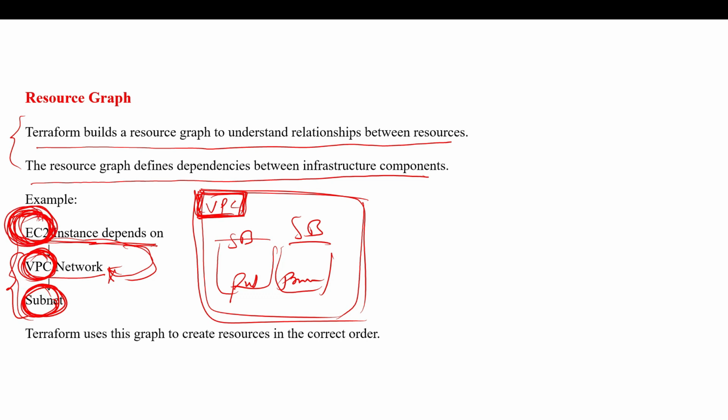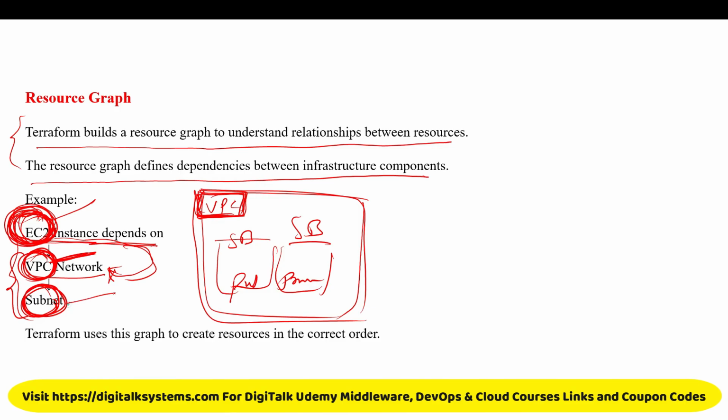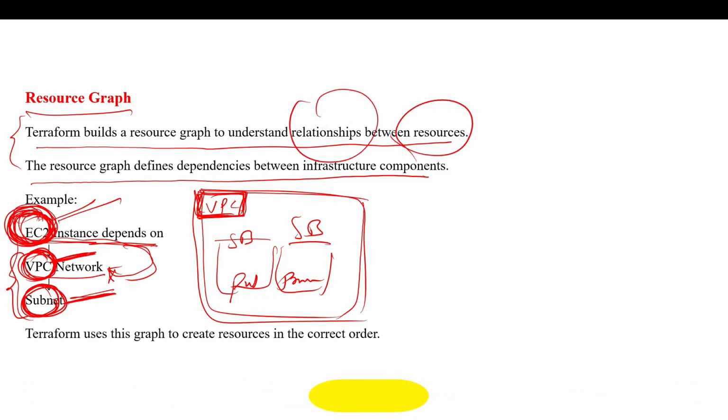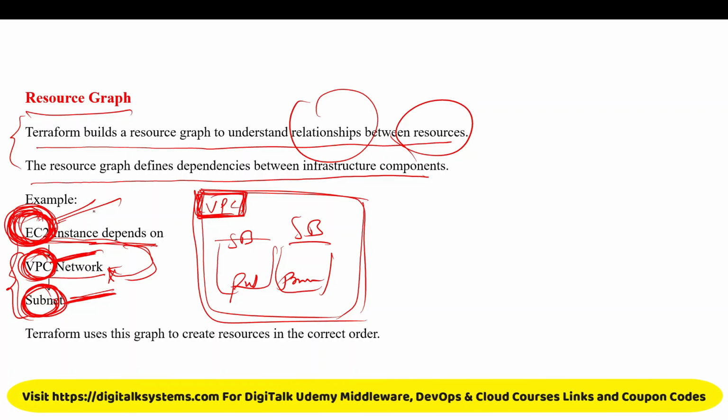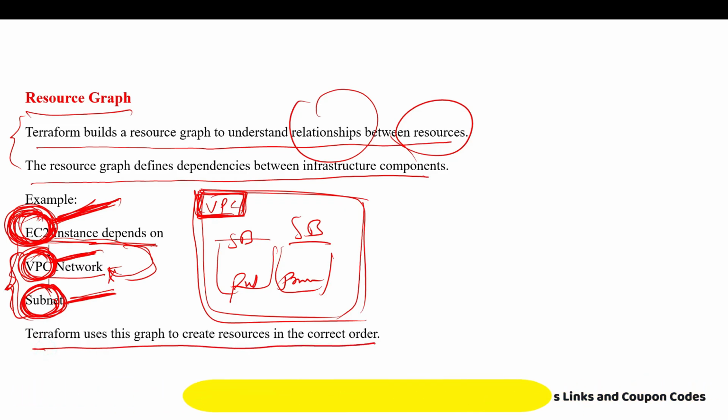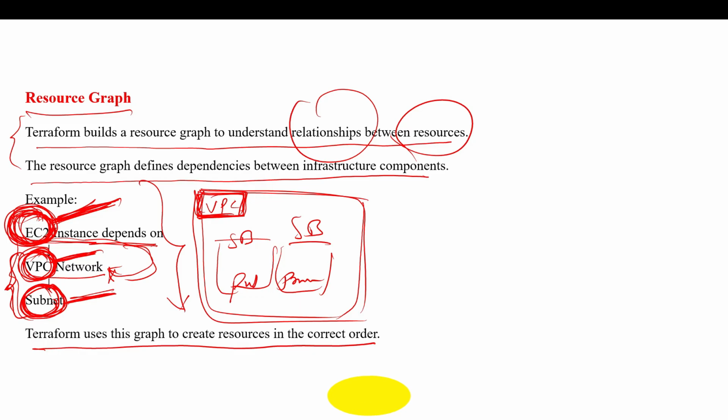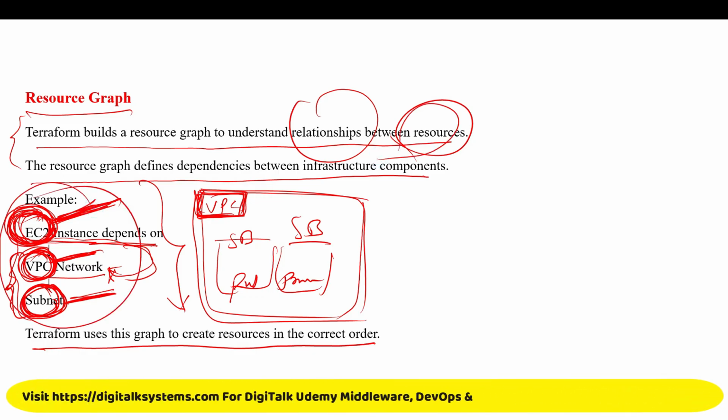So when you create the EC2 machine, your Terraform understands the dependencies. It will expect a VPC in place and a subnet in place. This is called the resource graph, or the relationship between the resources. The resources are the EC2 machine, VPC and subnet, and the relation is that the EC2 machine should depend on the VPC and subnet. Terraform uses this graph to create resources in the correct order. So your Terraform should understand all these relationships between your components. Why?